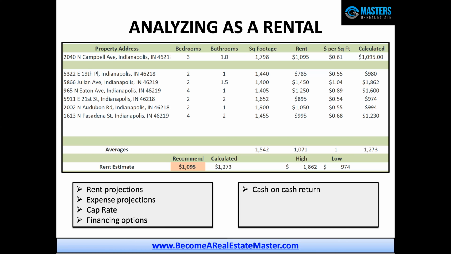And then you have your principal reduction every year on that loan. You have your tax benefits, and then you have your return on investment analysis. You need to be asking: what is my cash on cash return? What is my principal reduction every year? What are my tax benefits a year? That gets you to your true return on investment when analyzing a rental.